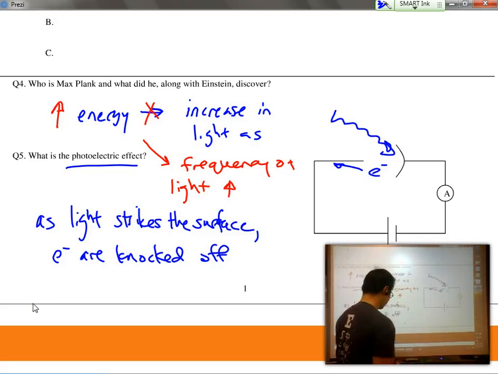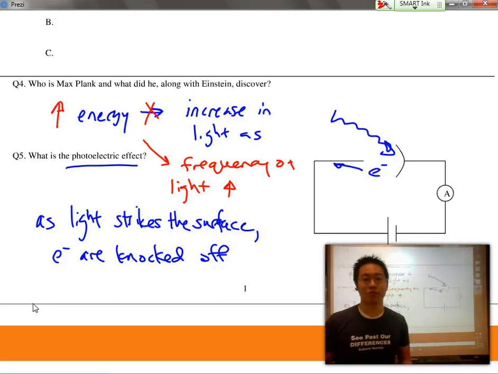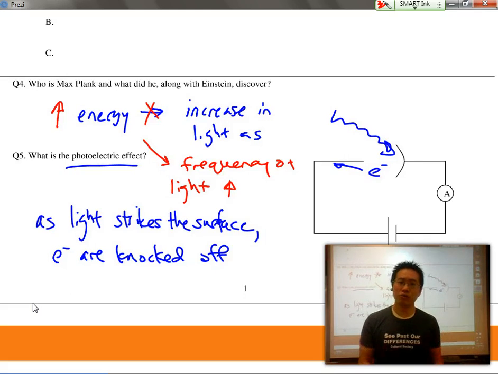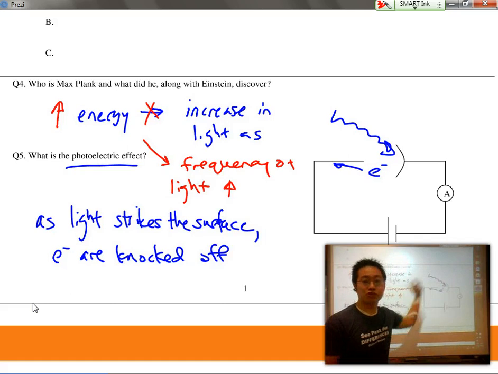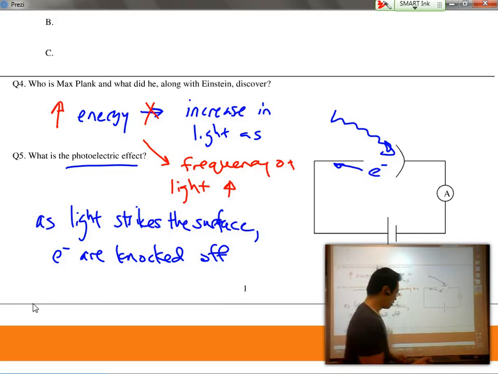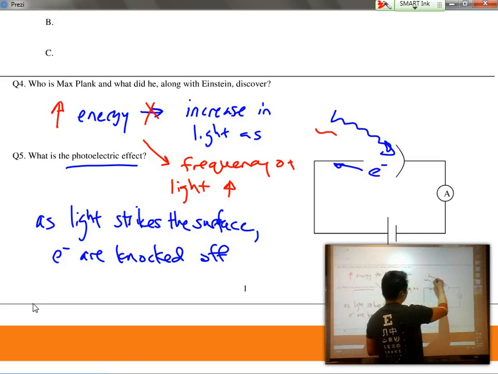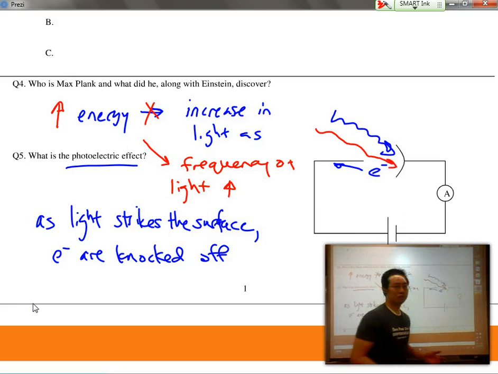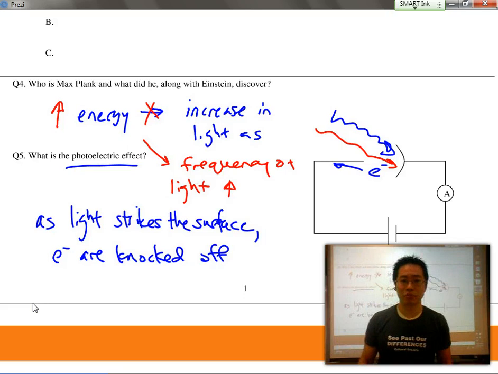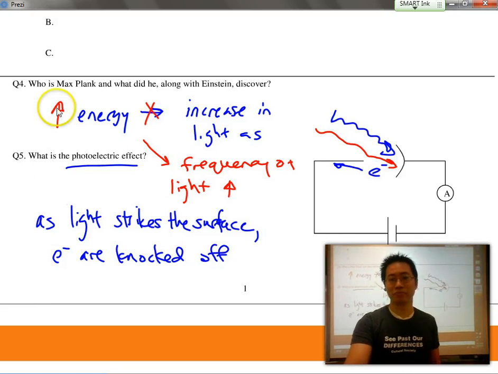They create electricity. Now, you see, Einstein's problem with this was that the photoelectric effect only worked with certain colors. When blue struck the substance, an electron was knocked off. But when red would strike the substance, nothing happened. And this stumped people for a very long time.